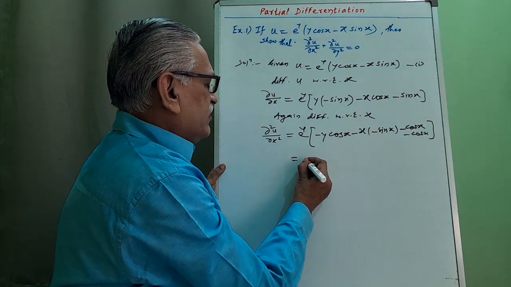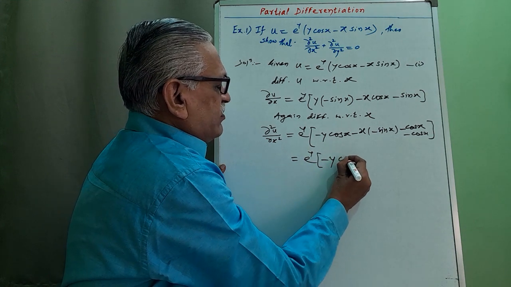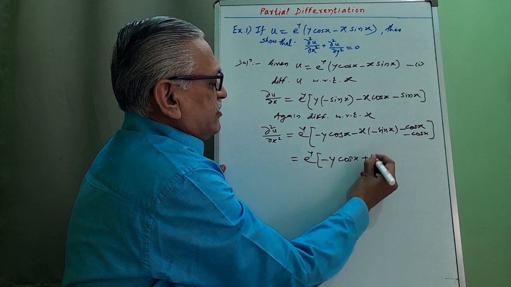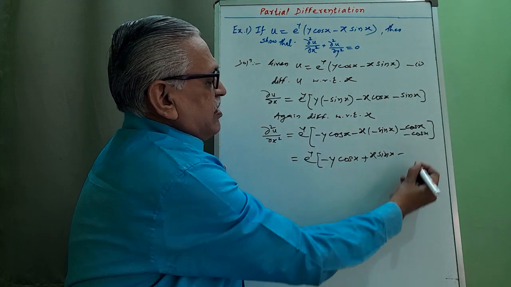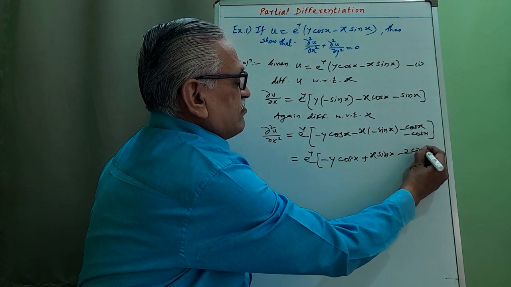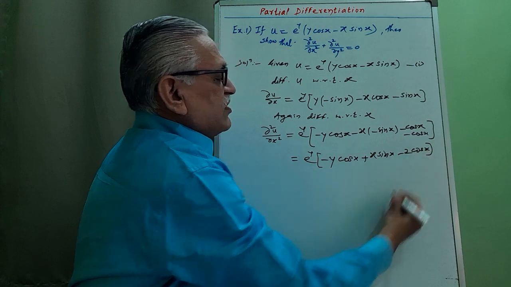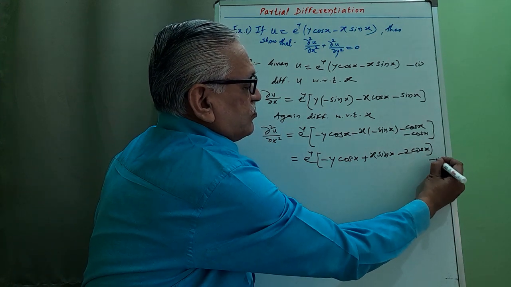Simplifying it, it is e raised to y multiplied by minus y cos x, minus minus becomes plus x sin x, and minus cos x minus cos x. We get 2 cos x and we call this equation 2.